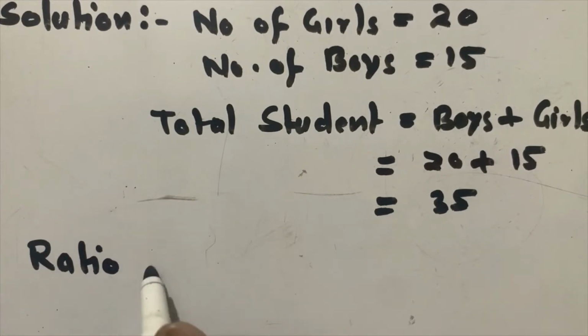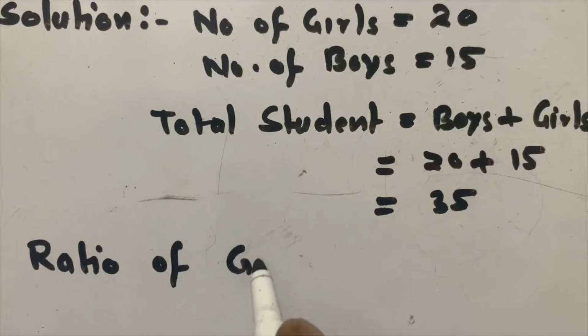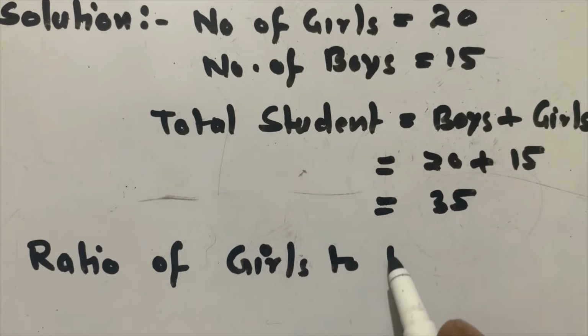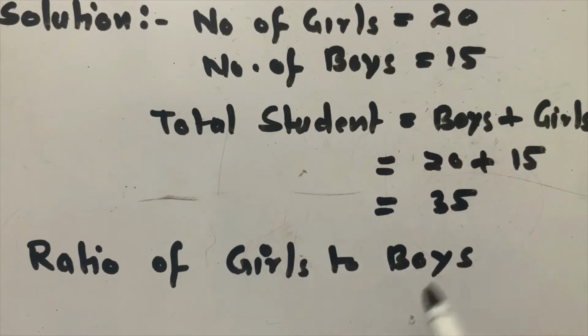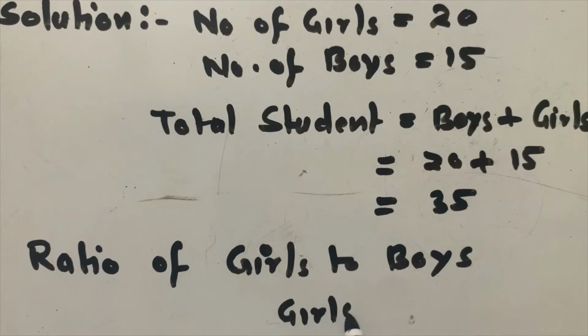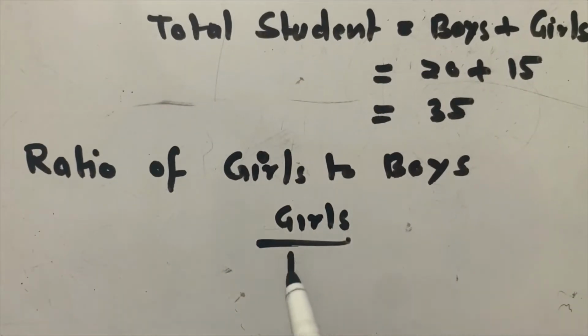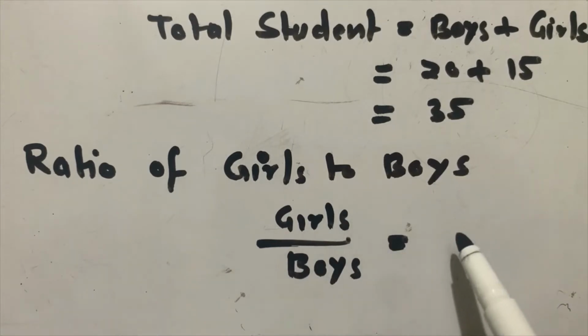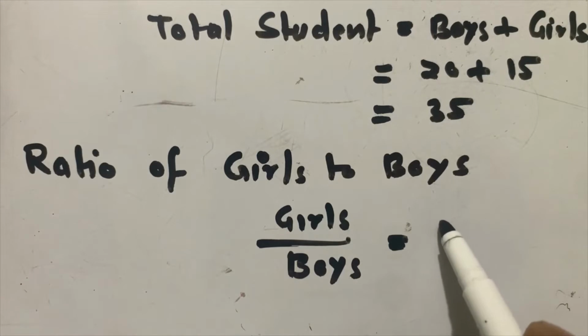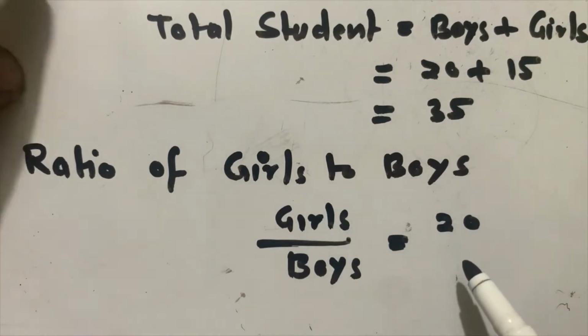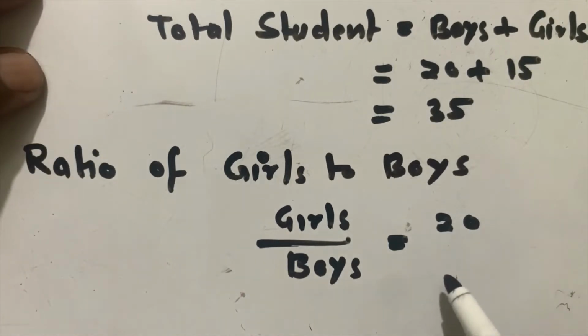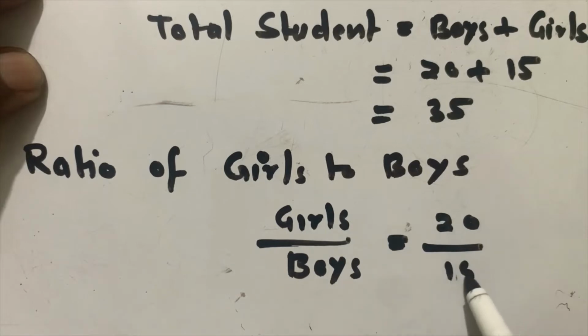Ratio of girls to boys. Girls are given 20 and 15 boys.